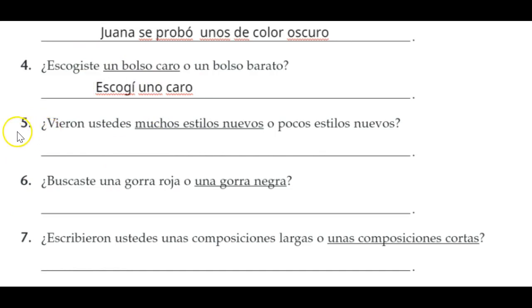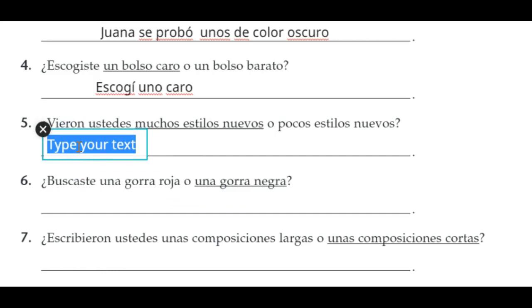Okay, cinco. Number 5. ¿Vieron ustedes? Did you all see? What did you all see? Muchos estilos nuevos o pocos estilos nuevos? Did you all see many new styles or a few new styles? So we want to say what? How do you answer this? ¿Vieron ustedes?